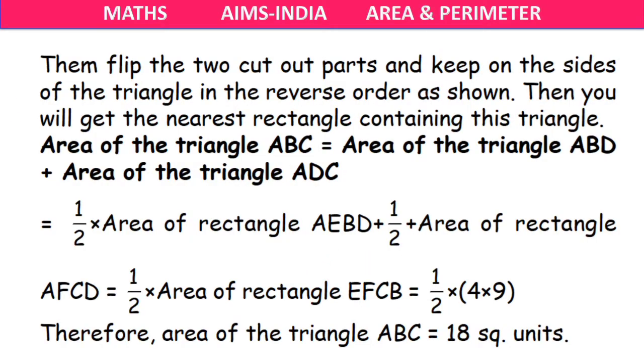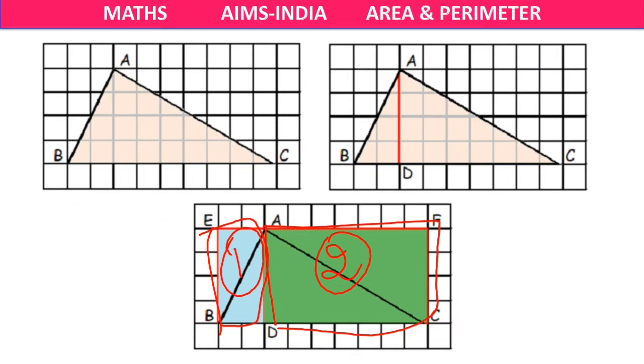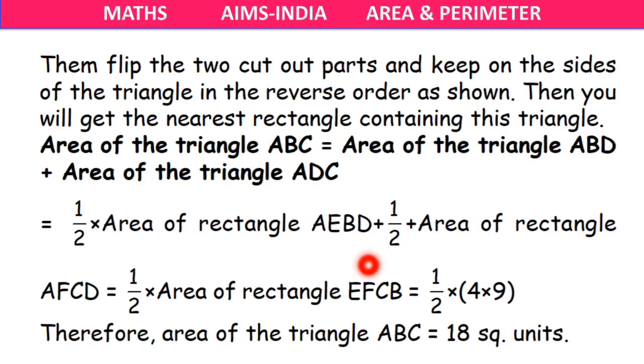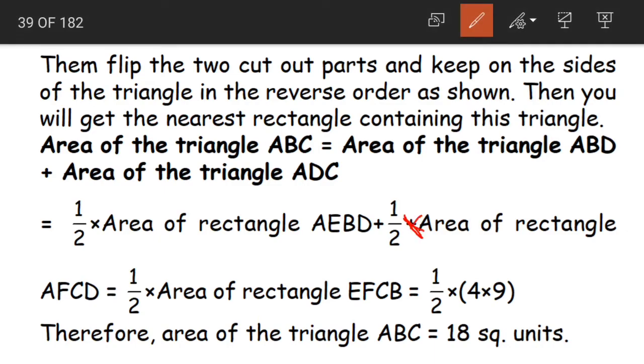Therefore, what is the area of rectangle AEBD, children? Let us see here. Area of rectangle AEBD, plus a half into area of rectangle. This is not plus, it is into. Half into area of rectangle AFCD.